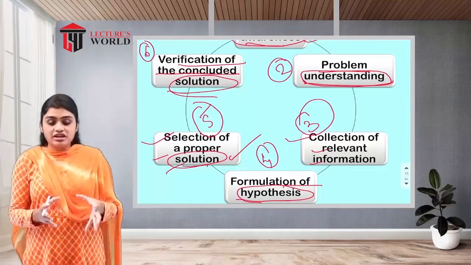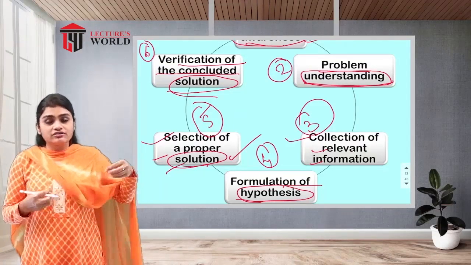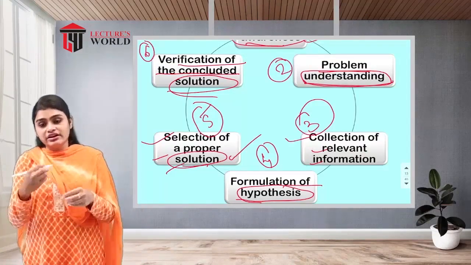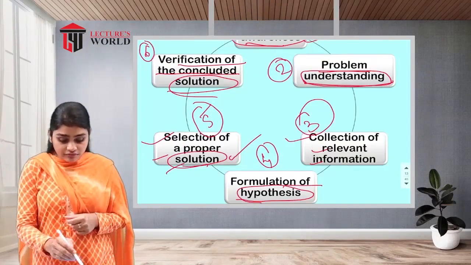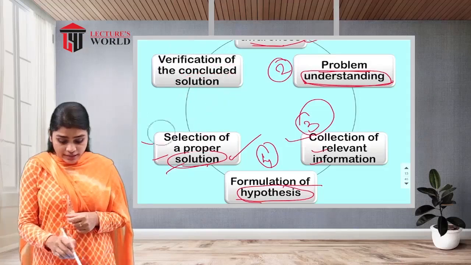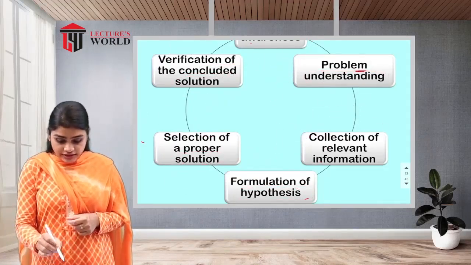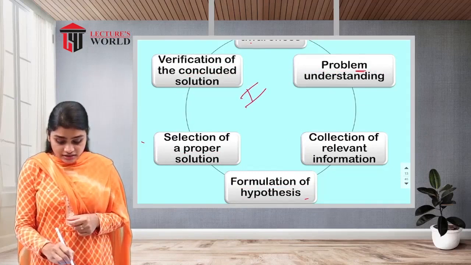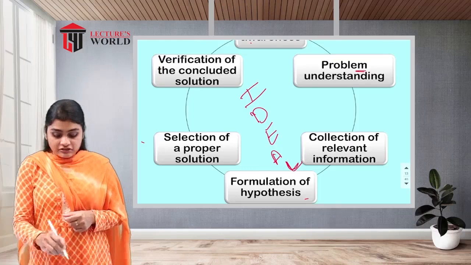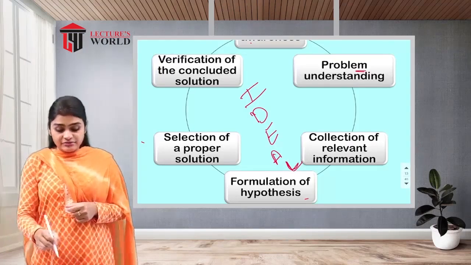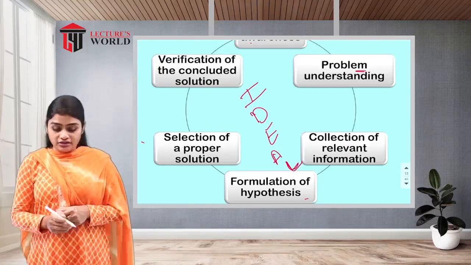So we have to verify whether the solution we have used has solved our problem or not. For this verification we need to use other steps, that is IDEAL. That means I, D, E, A and L. So these steps we are going to use for verification of the concluded solution.